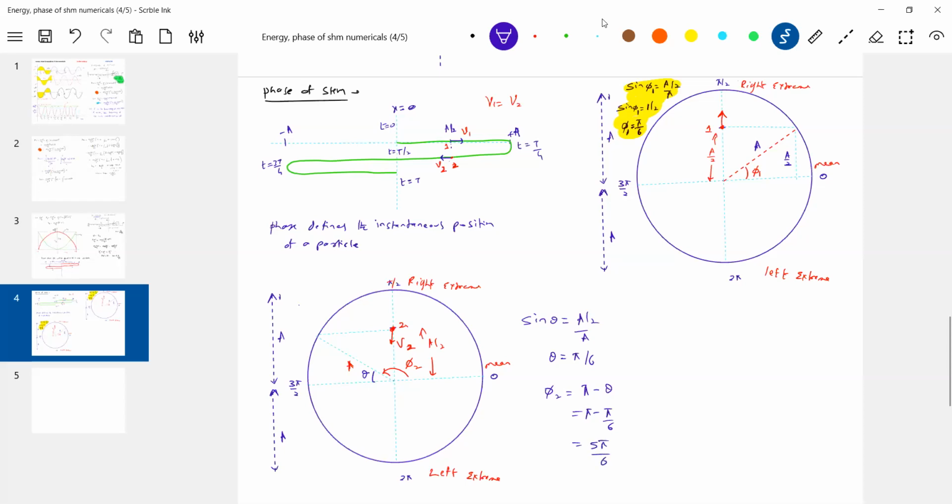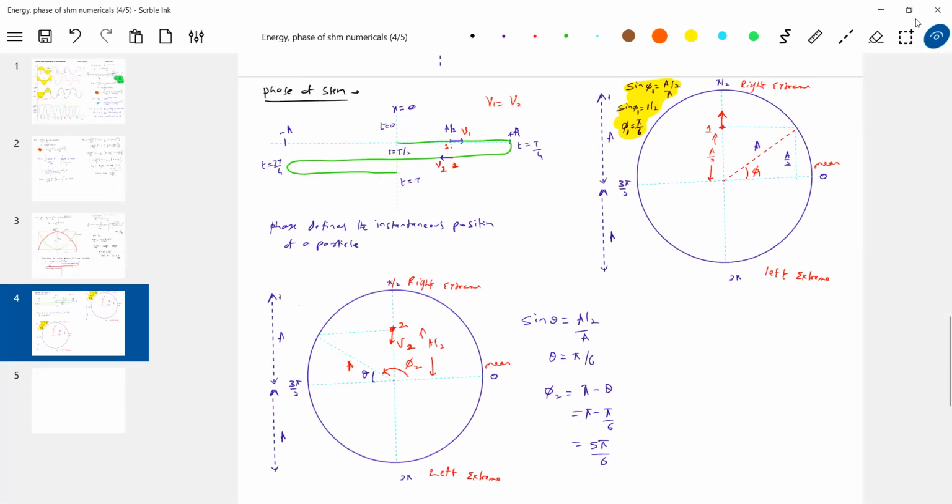So the phase of the particle at 2 will be 5 pi by 6. So shall we put the phase like this: 0 phase, it increases, pi by 6 somewhere here, pi by 2, then further increases, how much will it become? 5 pi by 6, pi, 3 pi by 2, then 2 pi. Getting the idea?